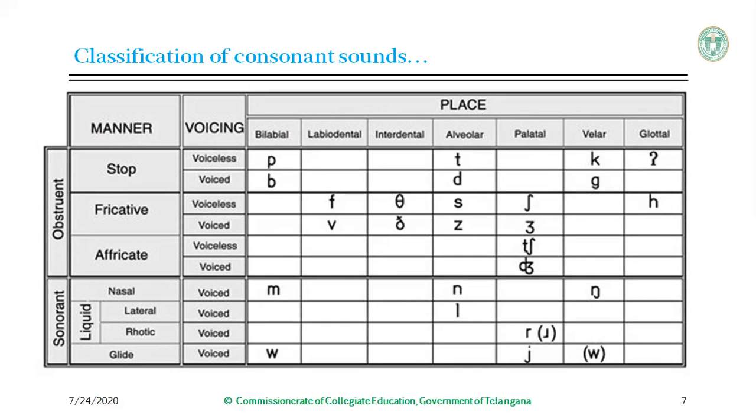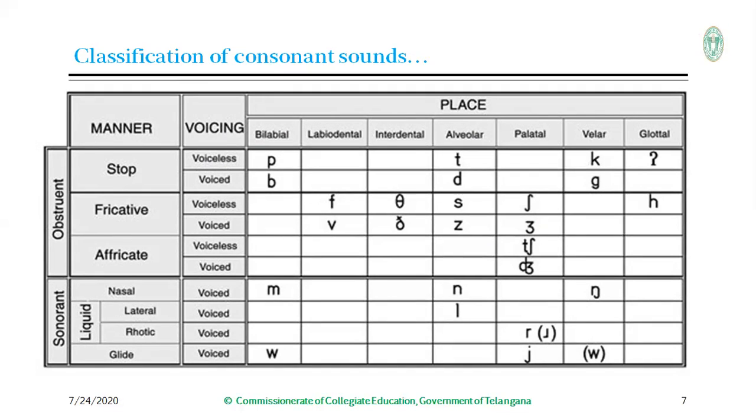Pa, ba, ma, va. These are bilabial sounds. These sounds are produced with the two lips, so they are called bilabial sounds.